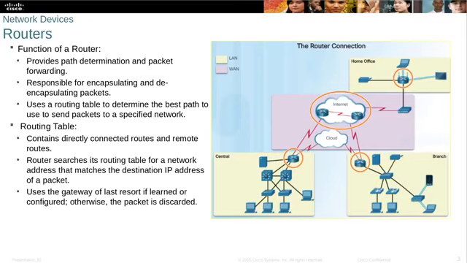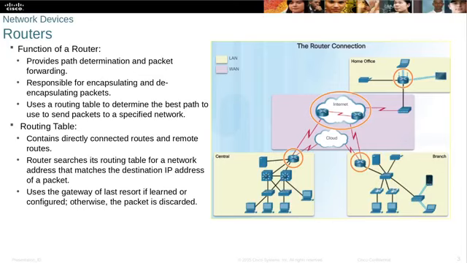So because a router connects entire networks together, in its routing table it will have network addresses. And what it will do is it will search the routing table for a network address that matches the destination IP address of the packet. What we can do is we can take the IP address and we can logically AND it with the subnet mask, and that will automatically generate a network address.